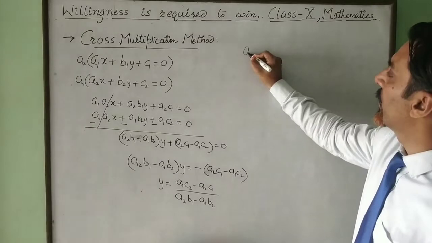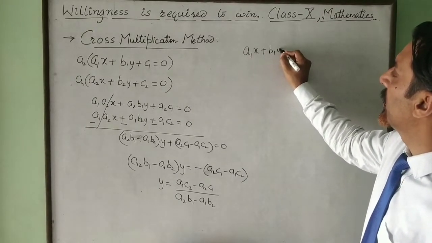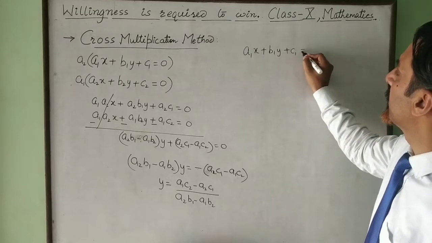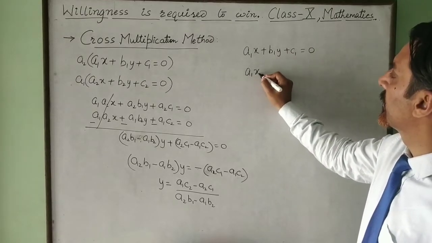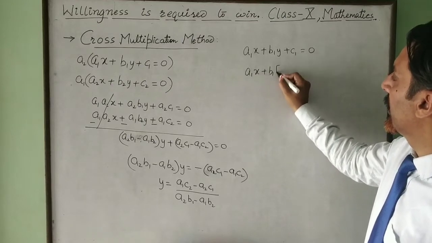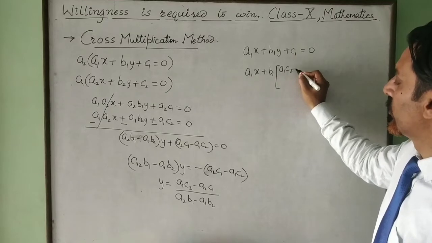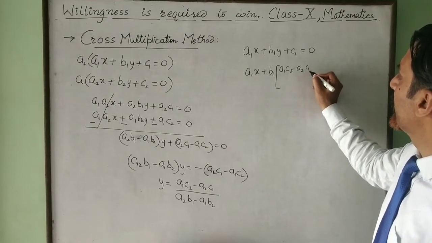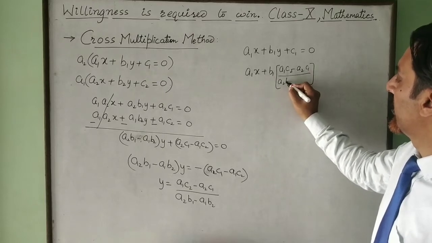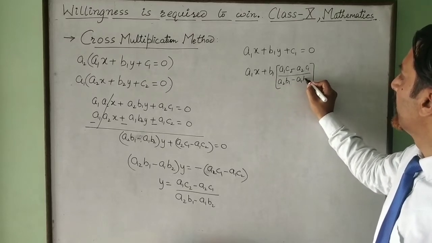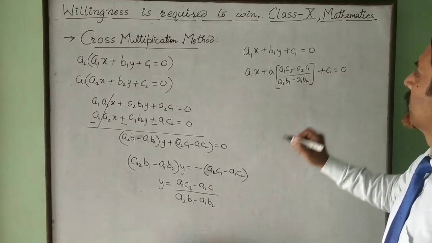So let me take the first equation, a1x plus b1y plus c1 is equal to 0. Here you will get a1x plus b1, in place of y I will substitute this value, (a1 c2 minus a2 c1) upon (a2 b1 minus a1 b2), plus c1 is equal to 0.